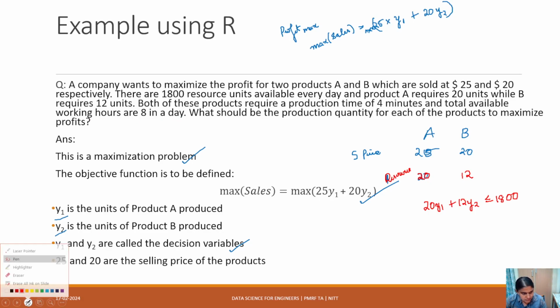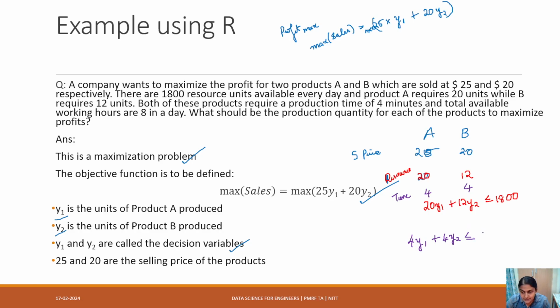So a time constraint is given: 4 into the number of products of A produced plus 4 into the number of products of B produced should be less than the working hours in a day. That is 8 hours, so 8 into 60 minutes.